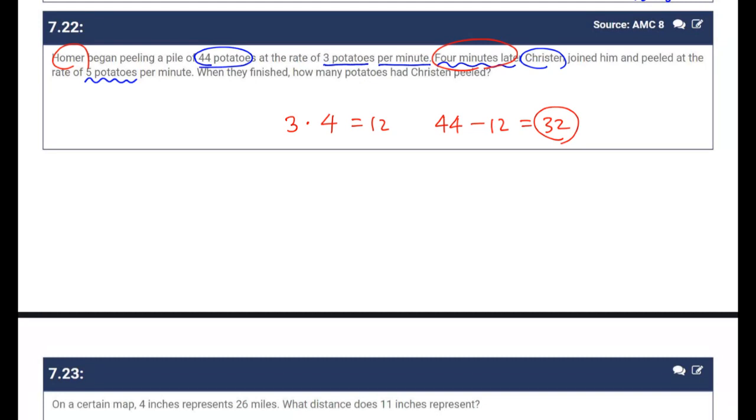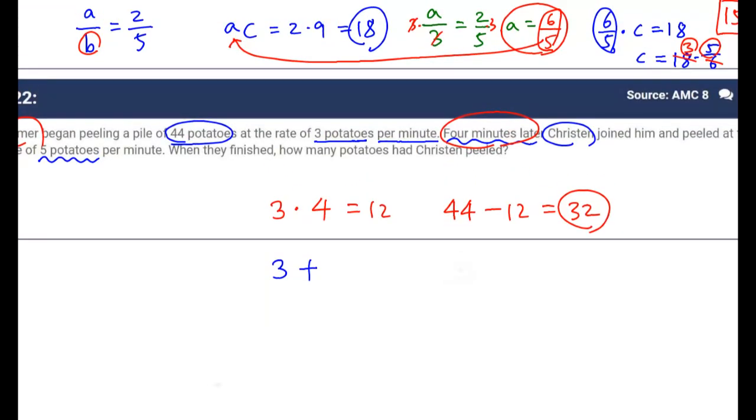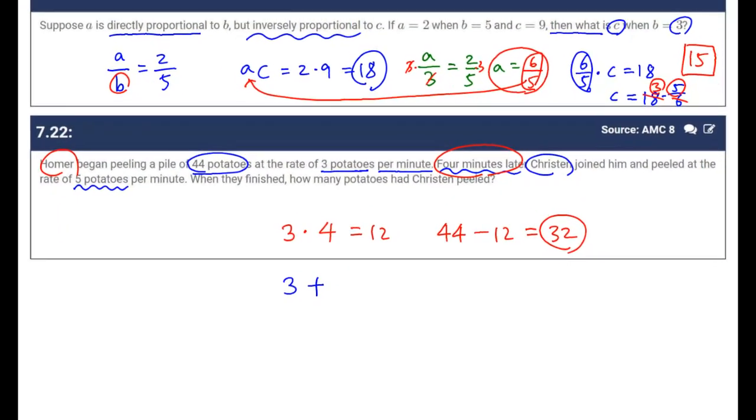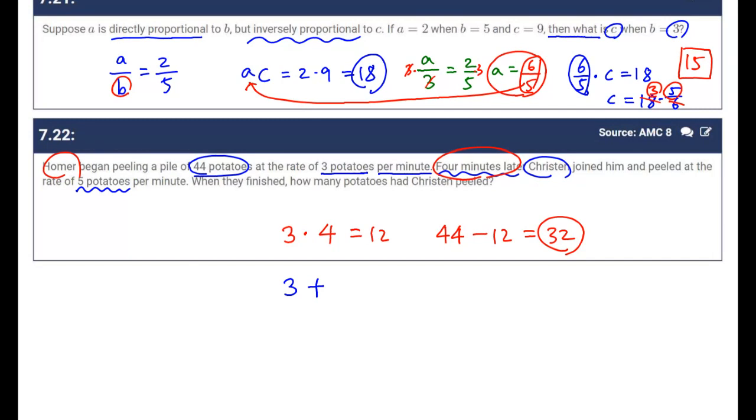Now, when Homer and Kristen work together, Homer can peel 3 potatoes per minute, and Kristen can peel 5 potatoes per minute. So they can together peel 8 potatoes per minute, every minute, right?